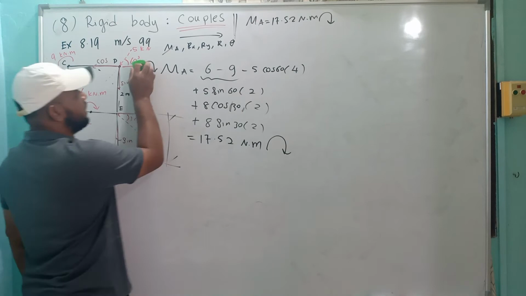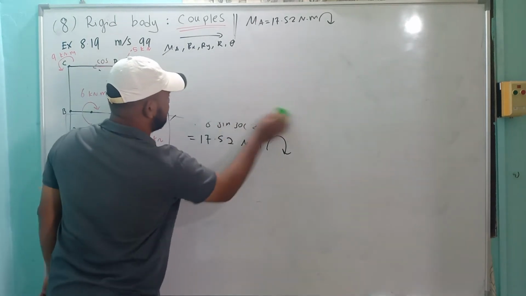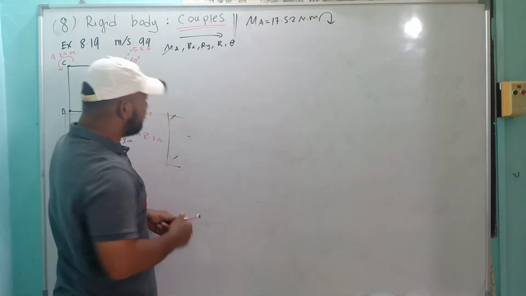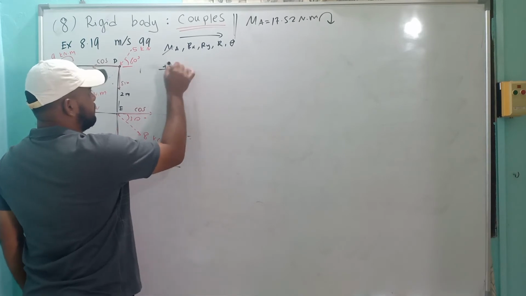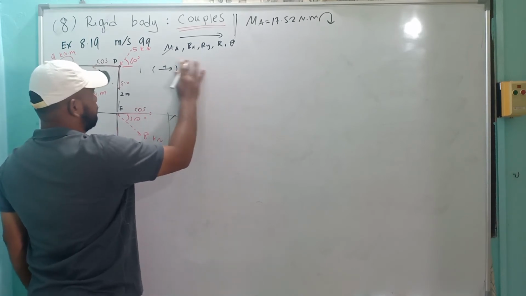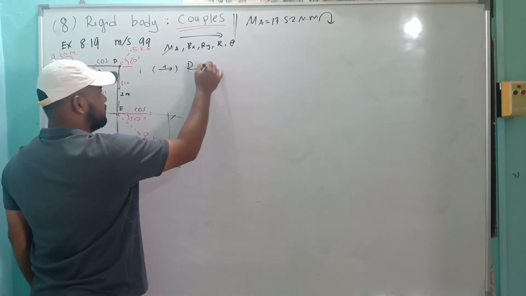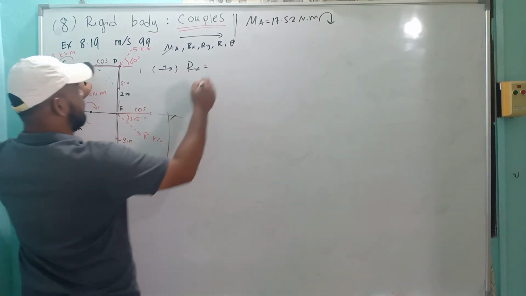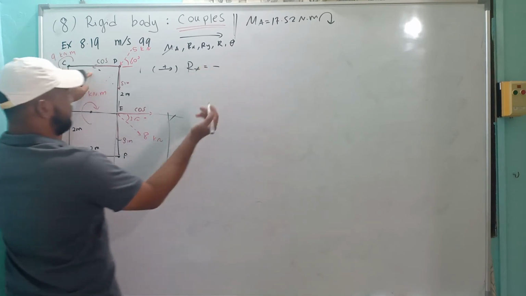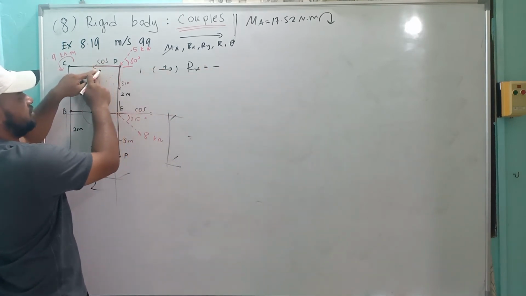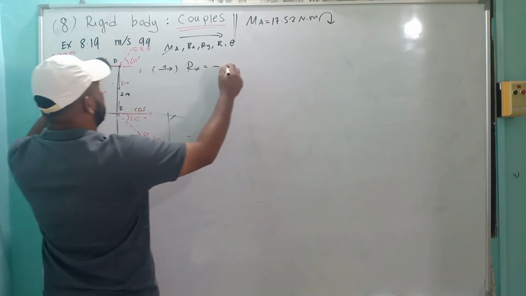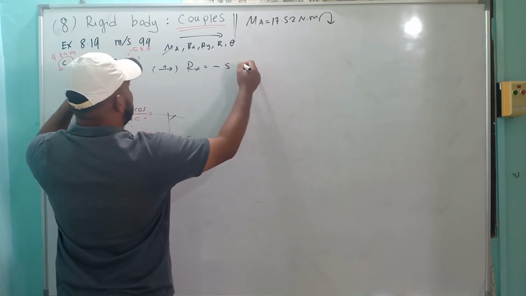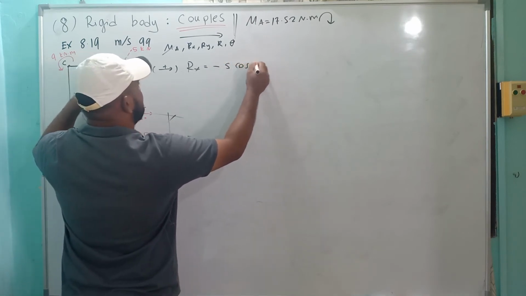So we go to the second step, Rx, Ry, and R, theta. Choose this direction as positive. Rx equals, we have these two. The first one is negative, because it is opposite from this one: this is to the left, this is to the right, so we have negative 5 cos 60.